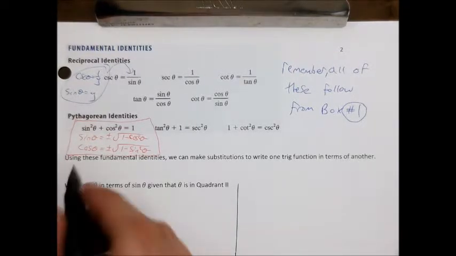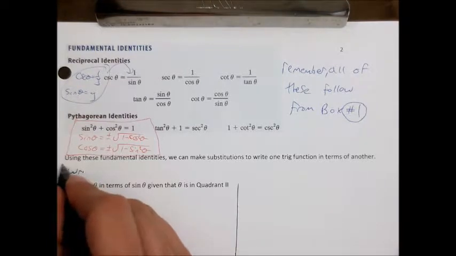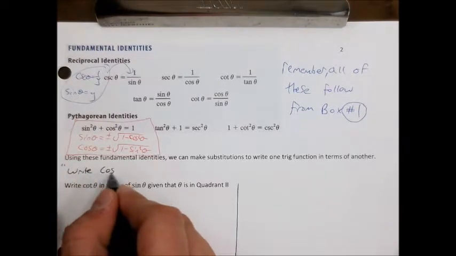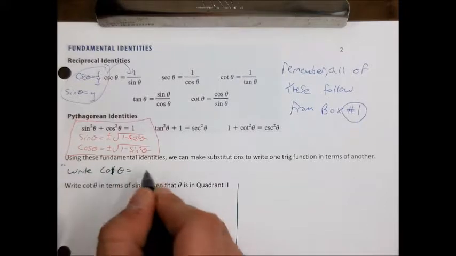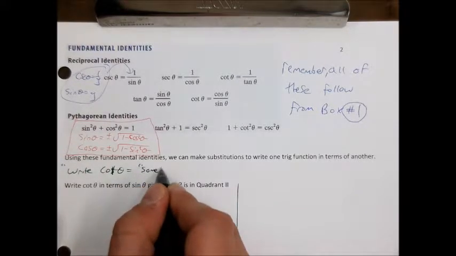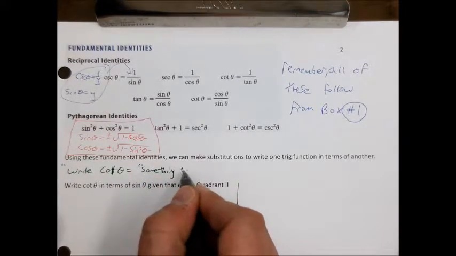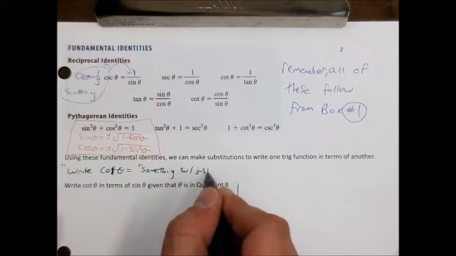So the instructions here say, write cotangent equals, and then the other side should be something with just sine in it.